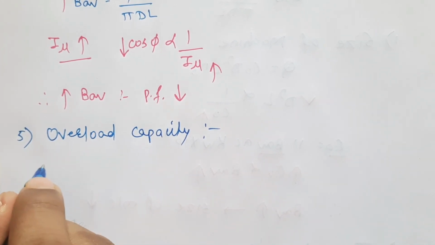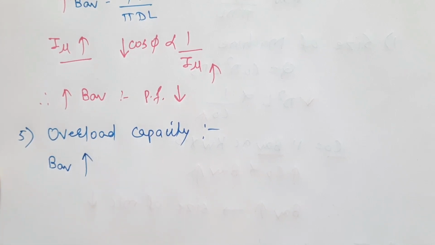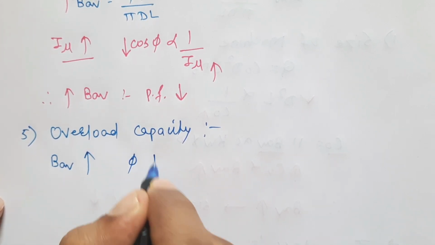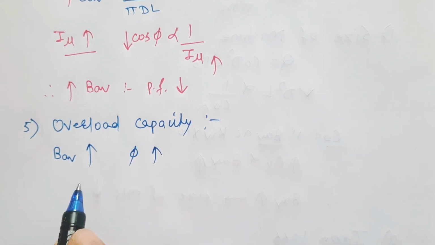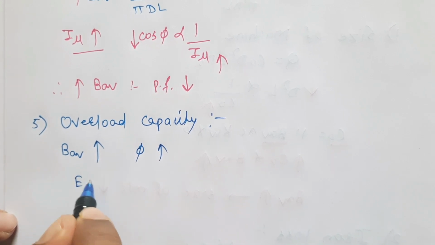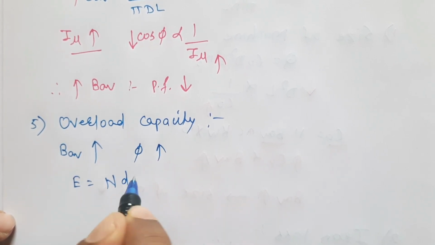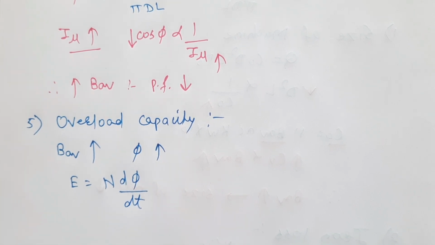The next point is overload capacity. Here, as the value of BAV increases, phi, that is flux in the air gap, increases. As per Faraday's law of electromagnetic induction, the magnitude of induced EMF is directly proportional to rate of change of flux linkages, that is N d phi by dt.